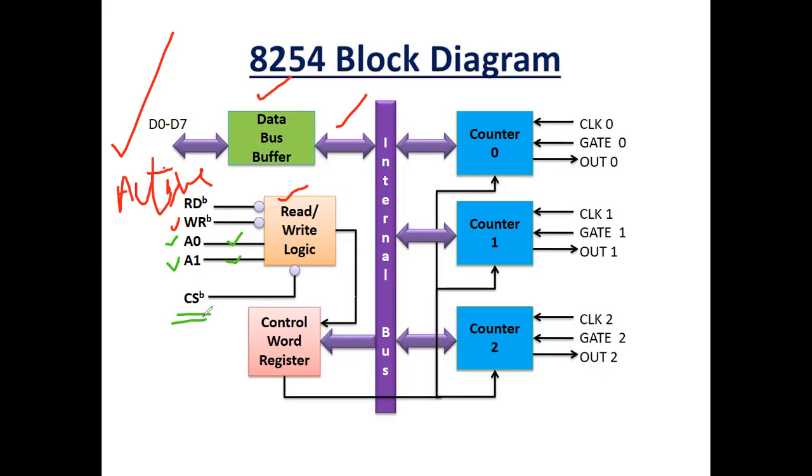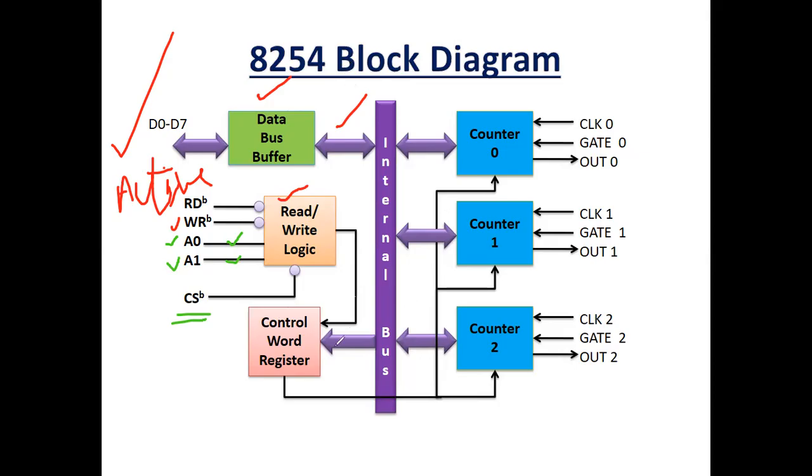This is also an active low signal. A low input at this chip select enables the 8254 IC. Suppose this 8254 IC is not enabled.